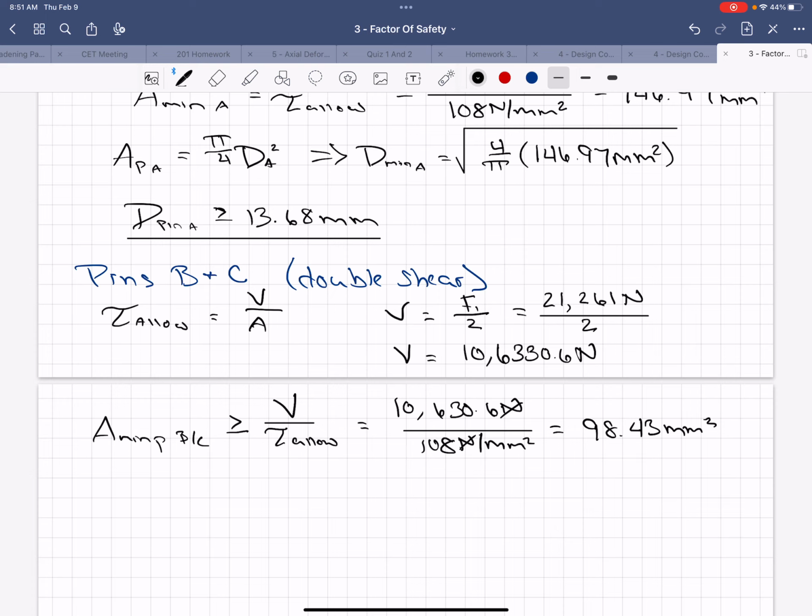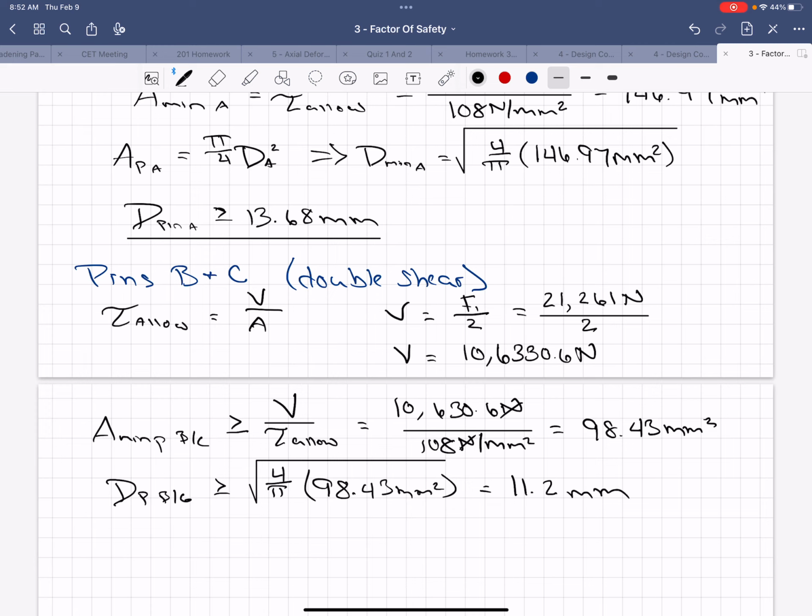That gives us a diameter for the pin at B and C greater than or equal to the square root of 4 over pi times that area, 98.43 millimeters squared. And we get the diameter equals 11.2 millimeters.